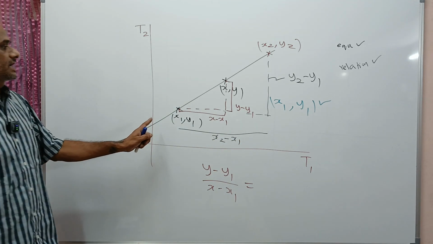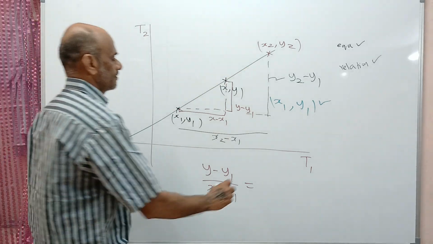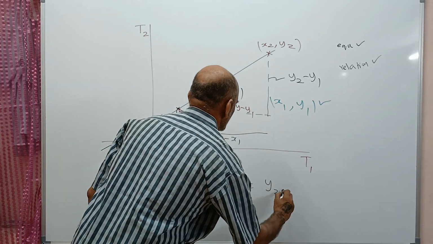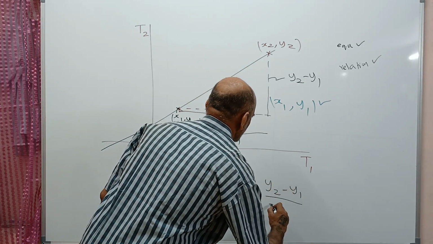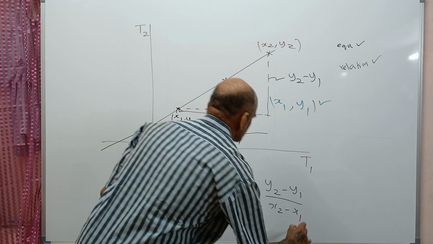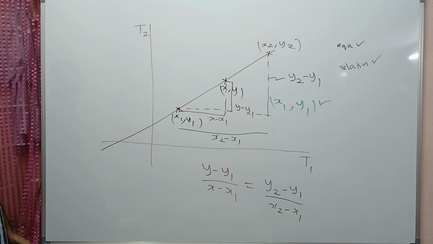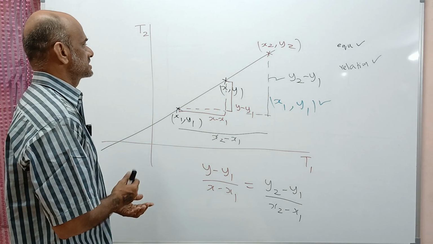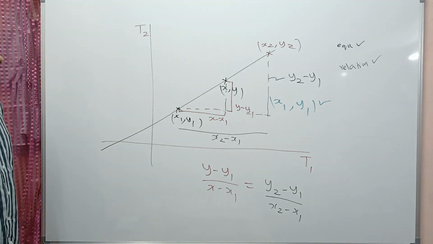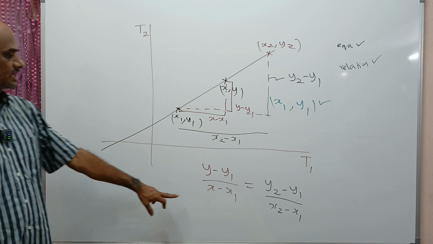So slope of this line I can write using these 2 points. That will be y2 minus y1 by x2 minus x1. So these two should be equal because the property of the line is slope between any 2 points is same. So given 2 points, the equation of the line is given like this.